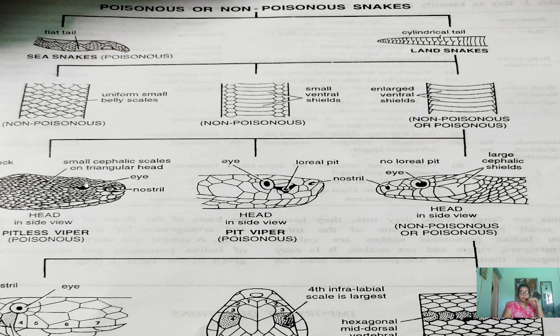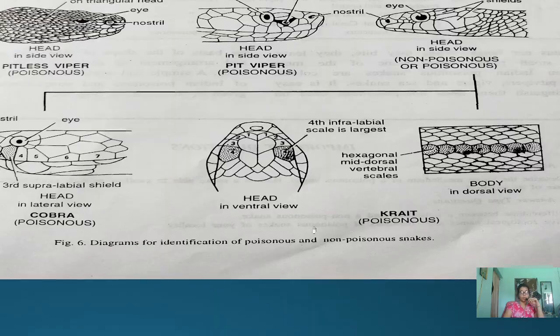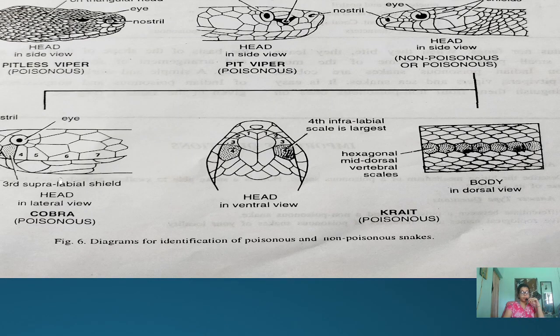In this poisonous snake the scales are very small, whereas in non-poisonous snakes their scales are very large, and some poisonous snakes also have large scales. Apart from that, this is the cobra head view, and this is the krait head view. This is the poisonous.